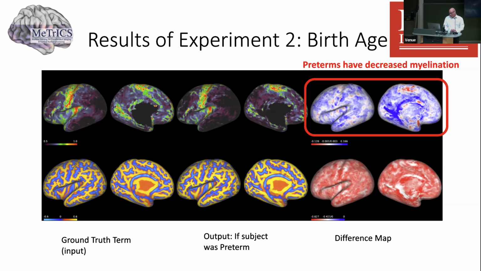I would just argue that from the cortical folding patterns, we know what the changes look like when you change the age at scan, and we don't see what we expect to be changes in curvature with respect to this change in scan age, but we see changes that are reflected in the literature in birth age.